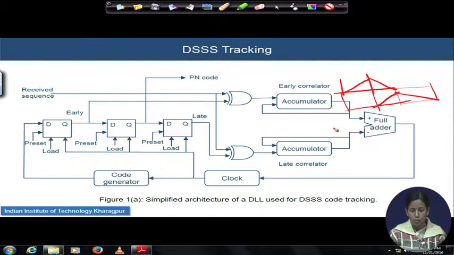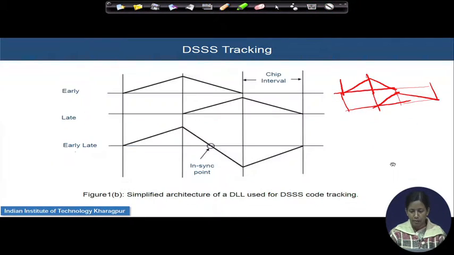If I look into the output of the full adder, here the voltage is coming down and here the voltage is going up. The voltage will come down and then finally go even lower, because the late gate is again driving it downward. So, you will get a point where a crossover happens. We call it the in sync point.